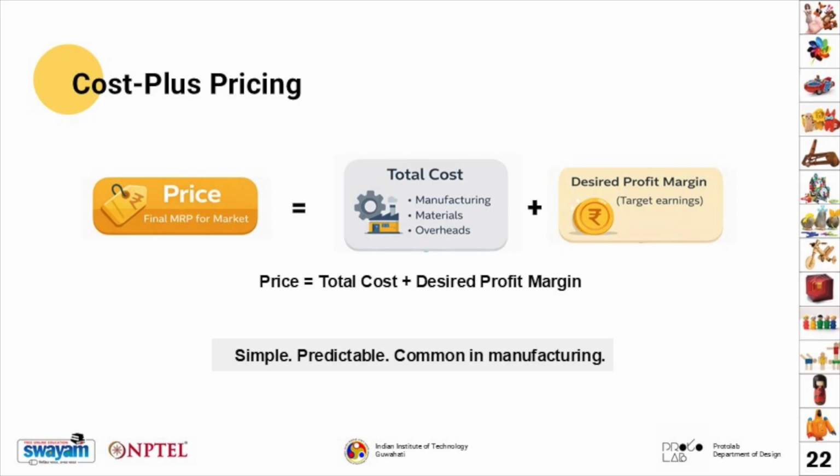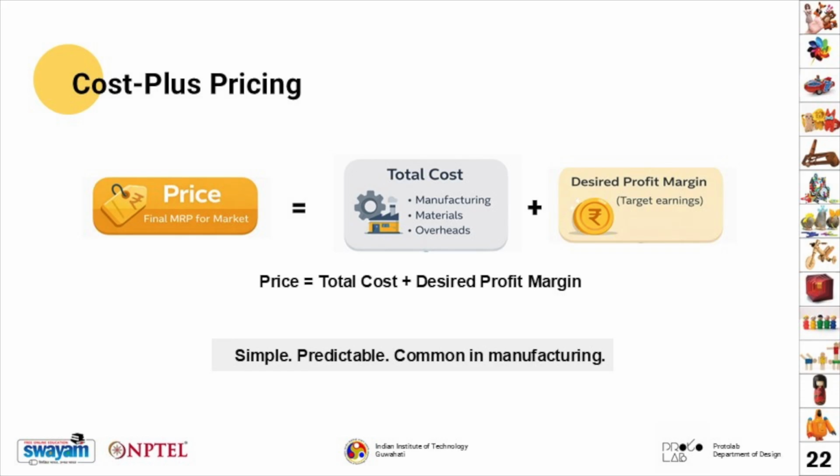Cost plus pricing is the most straightforward approach. You calculate total production cost per unit, add a desired profit margin, and set the price accordingly.